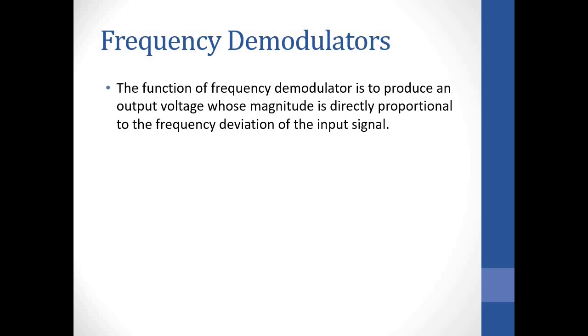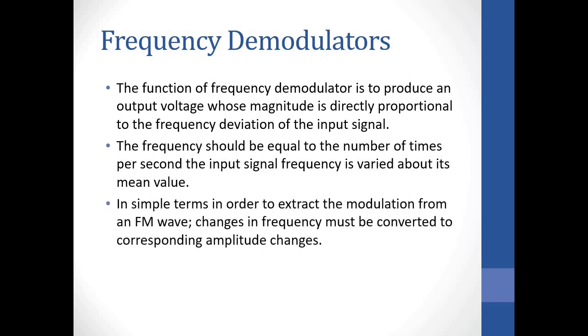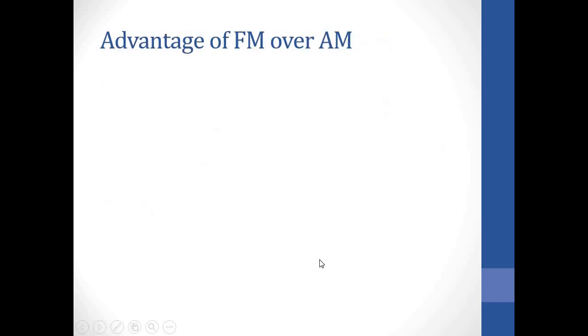In modulation, we're taking the amplitude and converting it to a variation in frequency. In demodulation, we're taking the variation in frequency and converting it to a variation in amplitude. So in simple terms, in order to extract the modulation from an FM wave, changes in frequency must be converted to corresponding changes in amplitude.